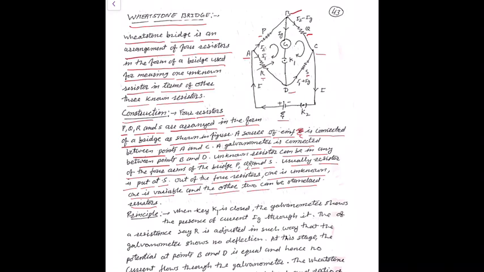Here R is variable, S is unknown and P and Q are standard resistors.